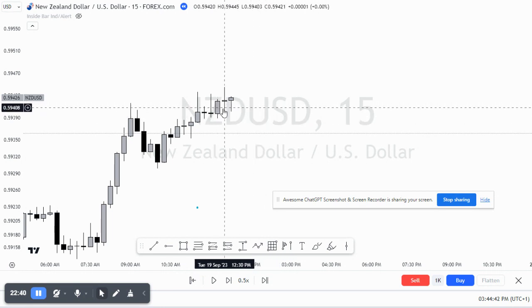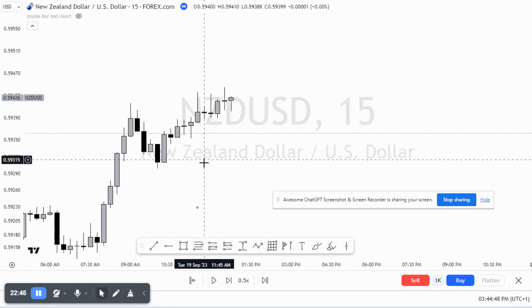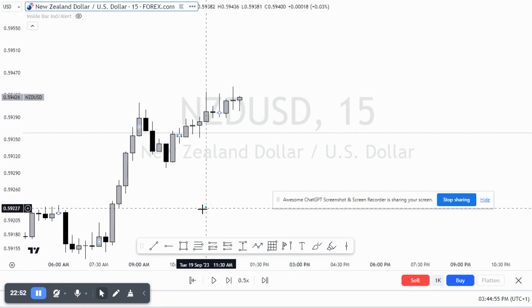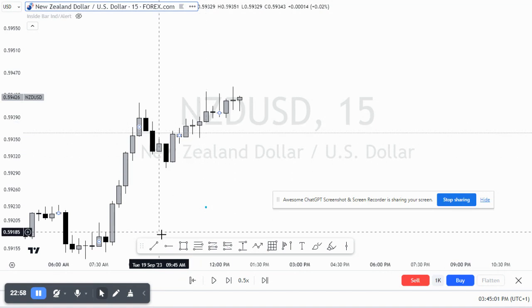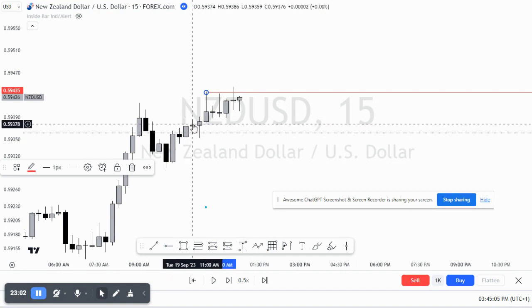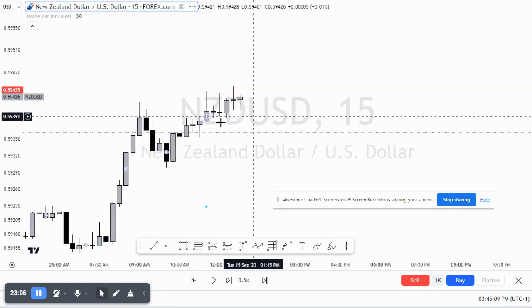This candle took out the low of this candle, but this is not a valid pullback. Why? Because take a look at this. This is the high here, right? This candle, this is the high. So this is the highest point of this candle, and this is the lowest point.